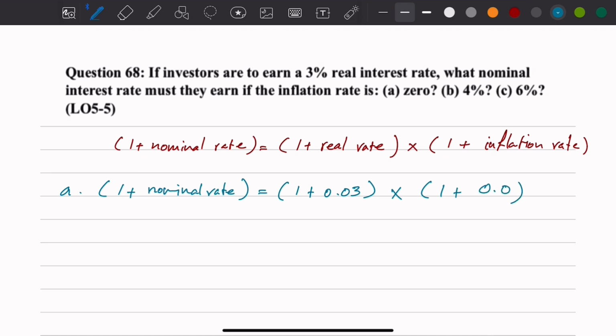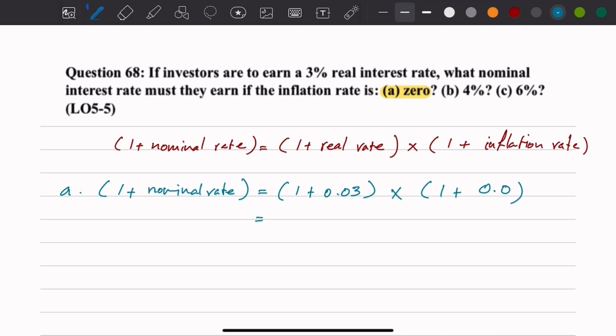Because the first scenario says that the inflation rate is expected to be 0. So this whole term is basically going to be cancelled in this scenario, right? Because 1 plus 0 is 1, and anything multiplied by 1 is going to be the same number.